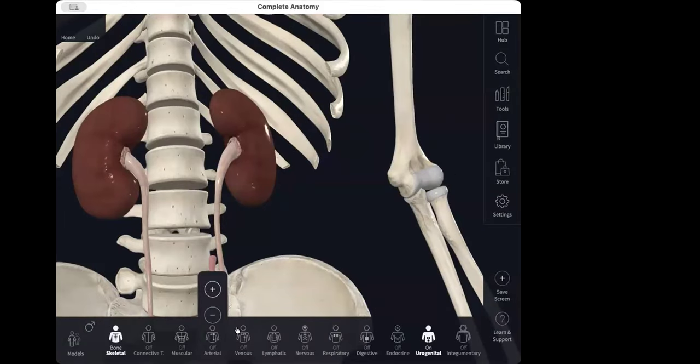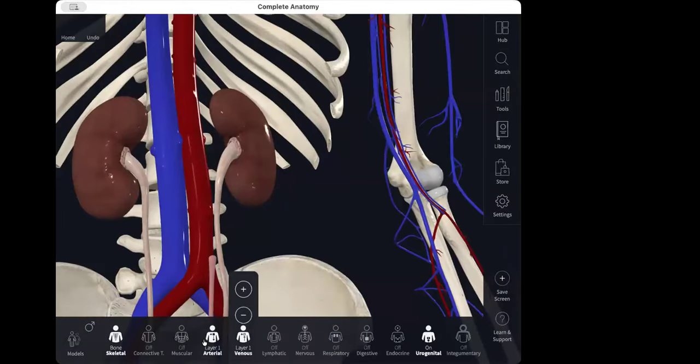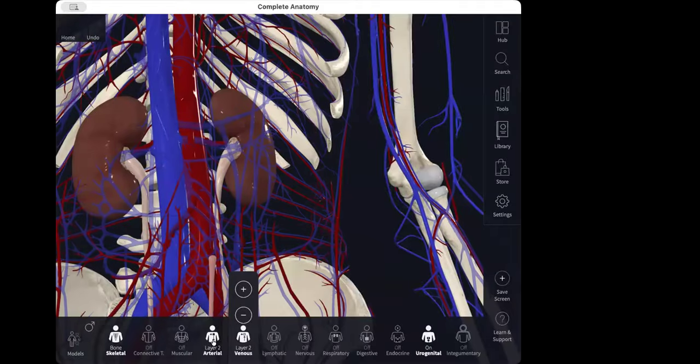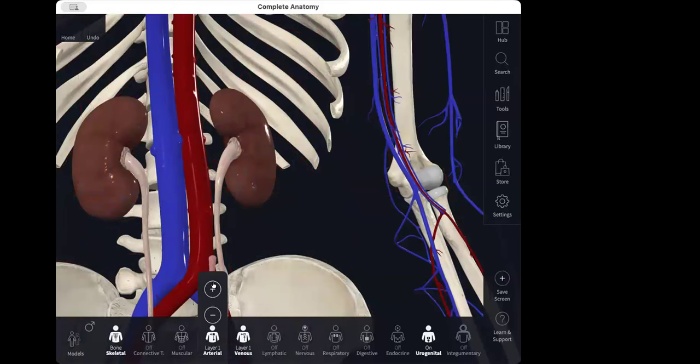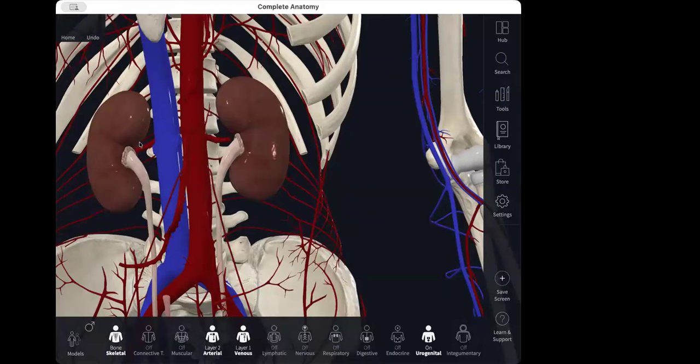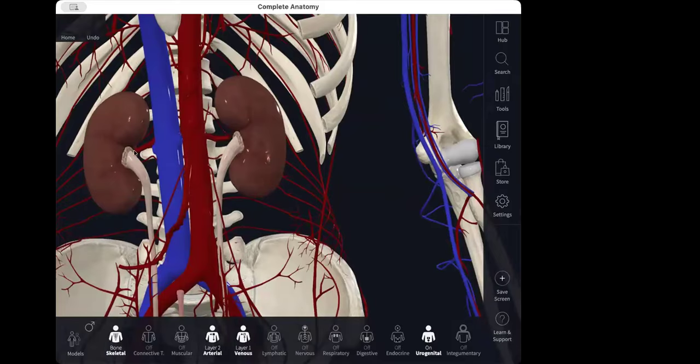And I'm going to also add the arterial and venous supply. What you should notice, let's start with arterial, is that the kidney gets its arterial supply directly from this artery here. This is the most major artery in your body.